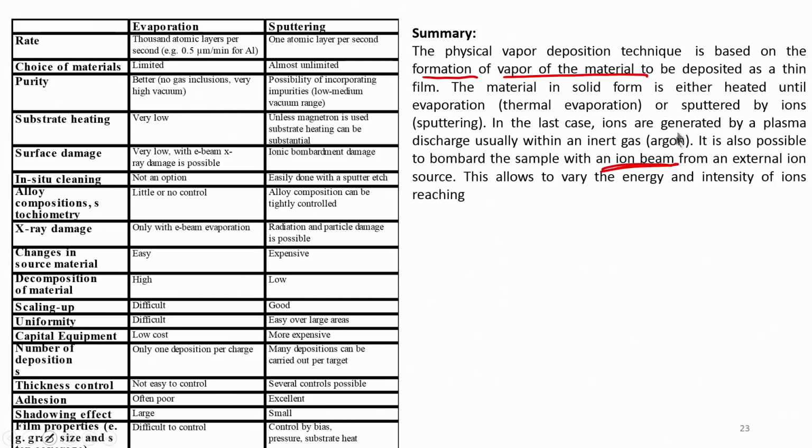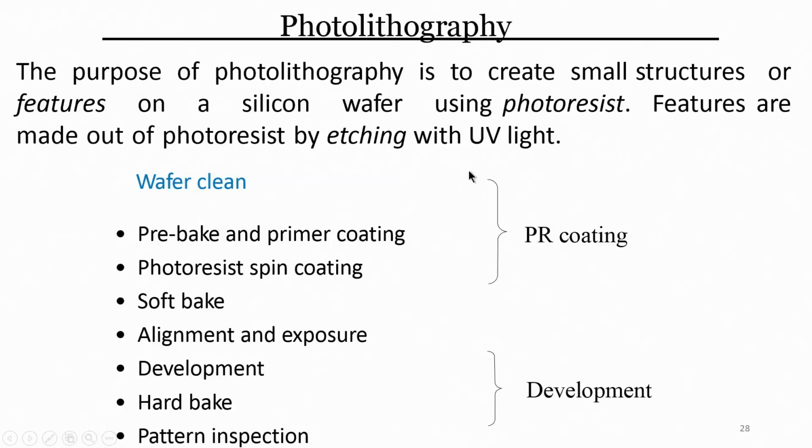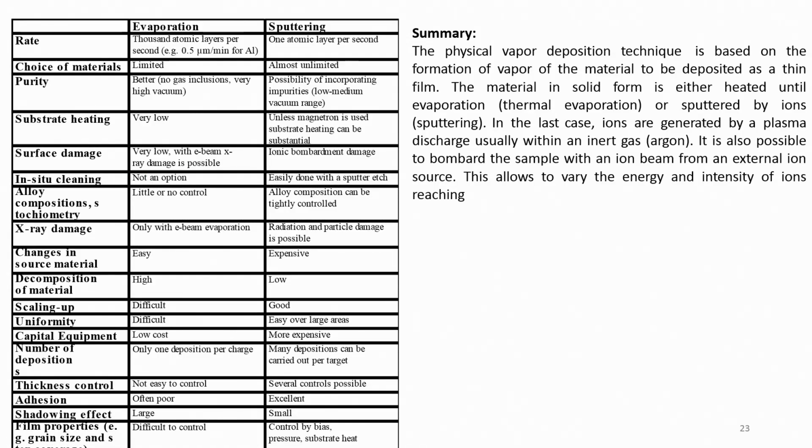So, this is something we can say about the summary of the things that we have understood in this particular module. So, just to have a recap, what we learn? We learn physical vapor deposition, and in the physical vapor deposition we learned evaporation and sputtering.